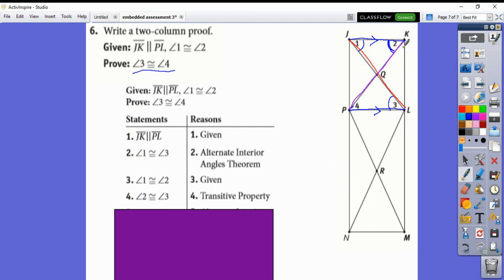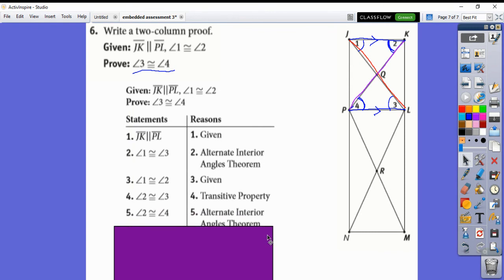And look at what happens when we draw that transversal in. We've got another pair of alternate interior angles. Which angle forms an alternate interior angle pair with angle 2? Well, it's angle 4. How do we know that those two angles are congruent? Well, because they're alternate interior angles, just like angles 1 and 3 are. So that's the exact same justification as step 2.